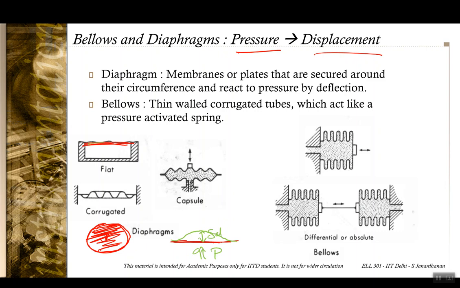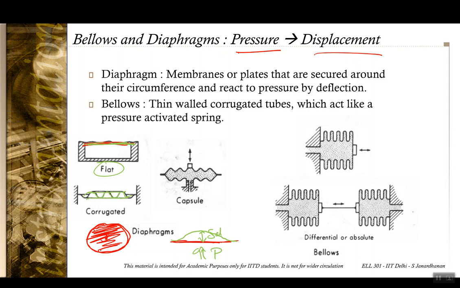You can have diaphragms of different configurations. You can have a single layer, flat diaphragm, or a diaphragm with a corrugated layer in between, which gives you a better resolution than a flat diaphragm, however not much.